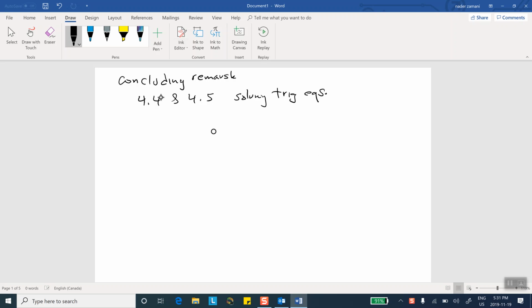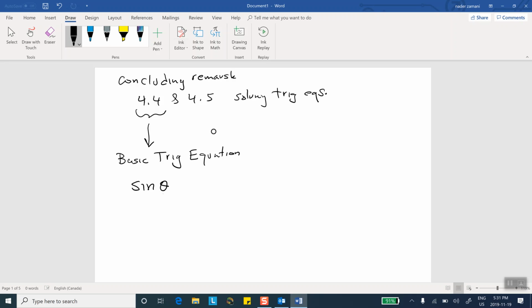Now, in 4.4, you were told that regardless of what equation you're given, you got to bring it down to the so-called basic trig equation. And a basic trig equation is something like that.